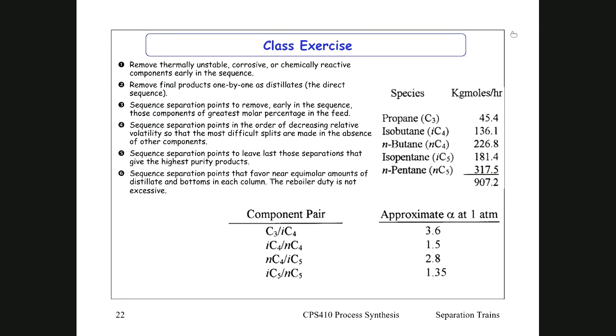Oh yes, let me just carry on answering that question further. You can also see that from the relative volatilities, because C3 over C4 is a number greater than 1.